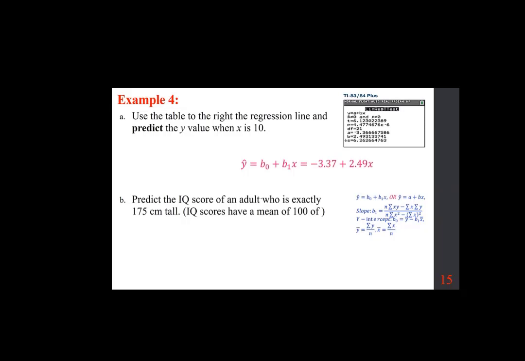You can say A plus bx. Remember, A plus bx. That's what the technology uses. So this is the regression line. This is a good model. We can use the regression equation for prediction. Why is this a good model?